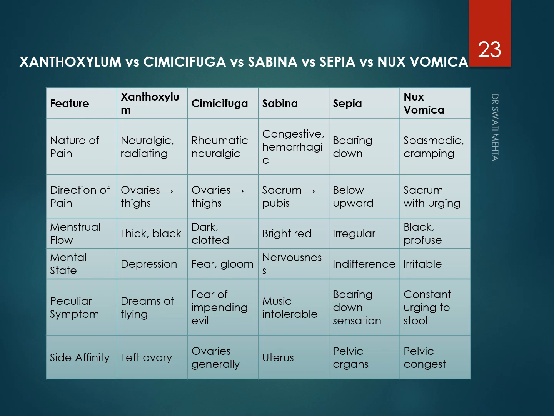Peculiar symptoms: in Xanthoxylum, dreams as if flying; Cimicifuga, fear of impending evil; Sabina, music intolerable; Sepia, bearing down sensation; and Nux vomica, constant urging to stool. Side affinity: Xanthoxylum is for the left side ovary, Cimicifuga for ovaries in general, Sabina is uterus, Sepia all the pelvic organs, and Nux vomica for pelvic congestion.